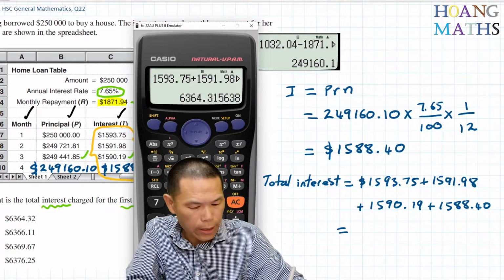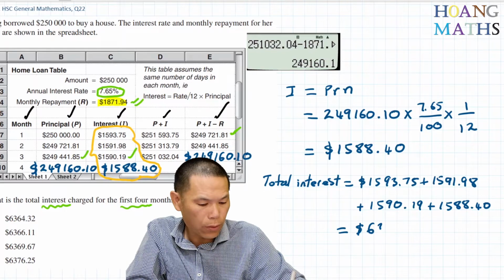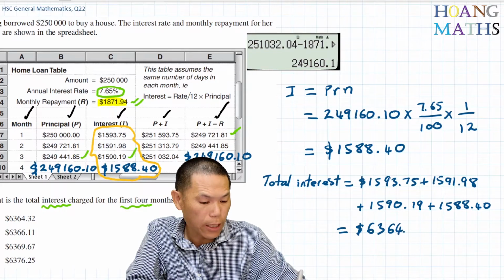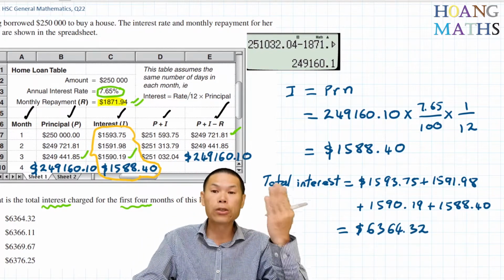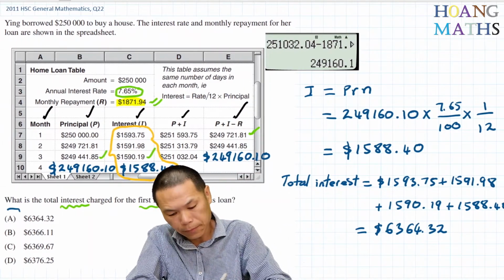That is $6,364.32. So there you go. So the answer is A.